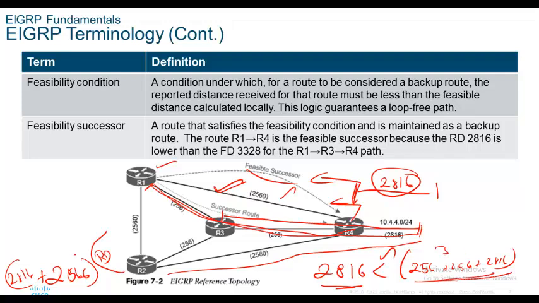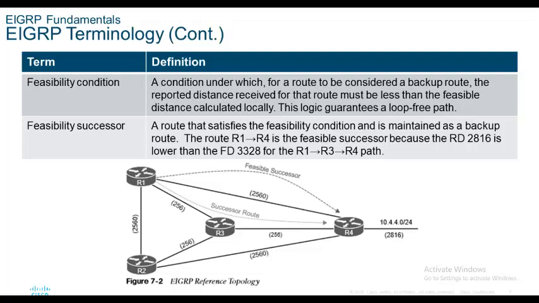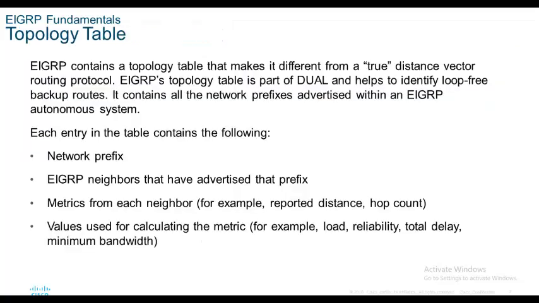So what do we have in the topology table? We'll have networks, meaning various destination networks, and the neighbor via which you learned it. What will be the metric via each neighbor? It will have both the reported distance as well as the feasible distance.